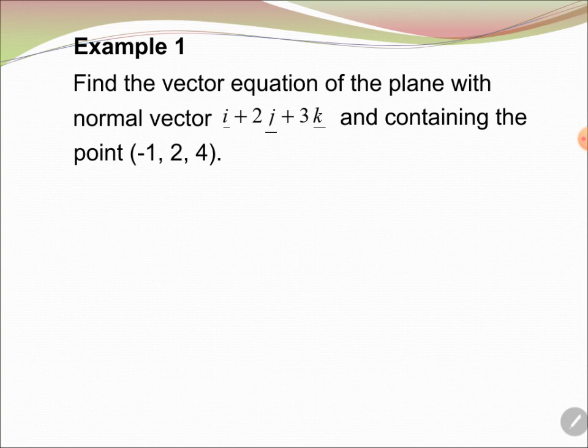So now we have the normal vector of the plane, the n vector, and the plane contains the point (-1, 2, 4). This is a position vector, the fixed point on the plane, which is the vector A.